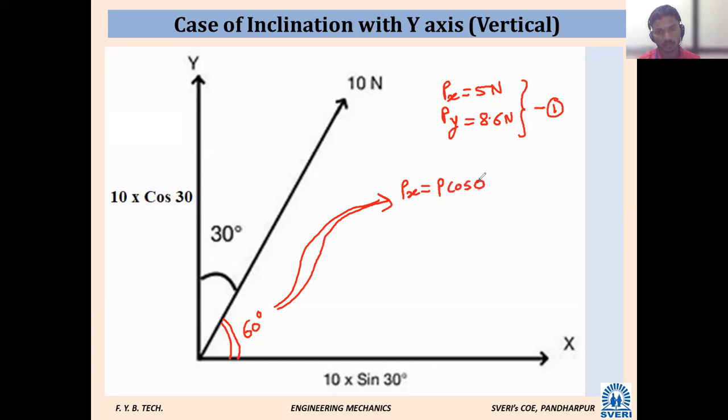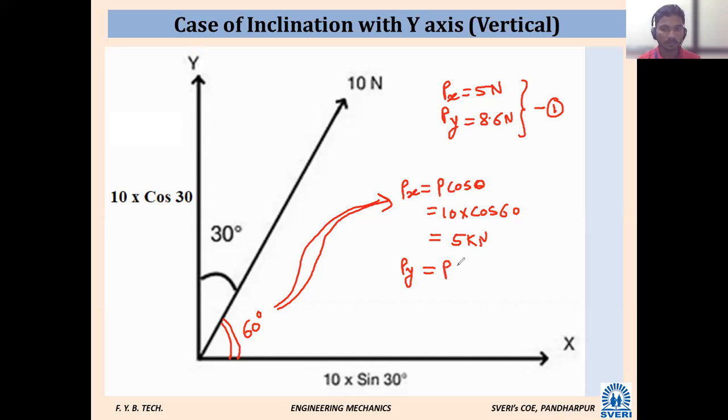What is the value of P? 10. What is the value of theta? 60 degrees. Calculate it. How much is it? 5. Px again will be 5. And what will be the value of Py? P sin theta.